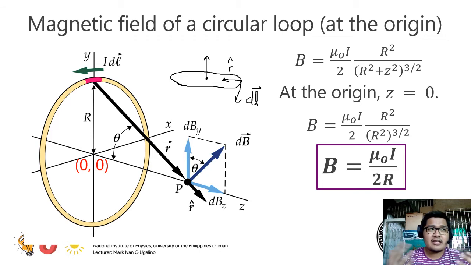Which actually leads us to this convention. We can actually get the direction of the magnetic field due to a circular loop by doing your right hand rule as well. If you have a circular loop, use your right hand, curl your fingers towards the direction of the current, and whatever the direction of your thumb signifies the direction of the magnetic field.